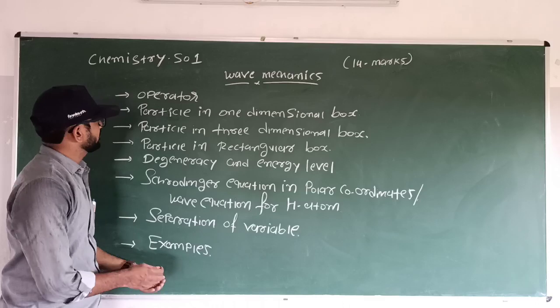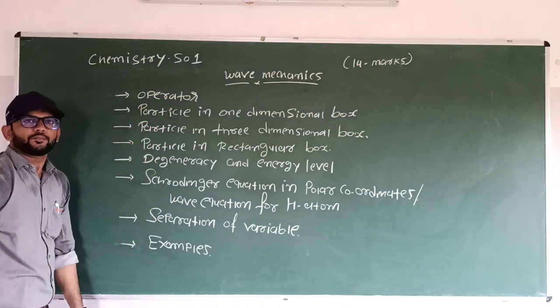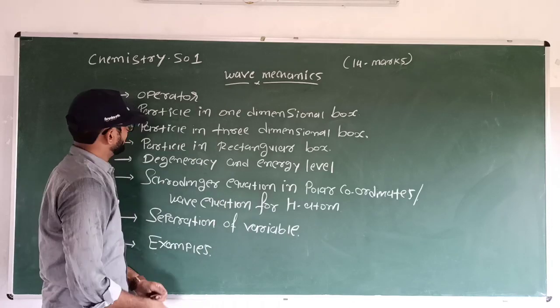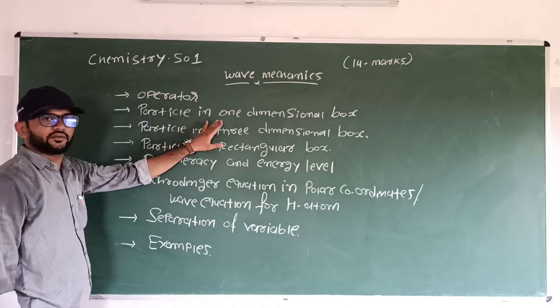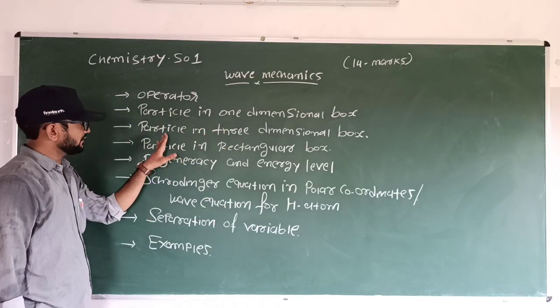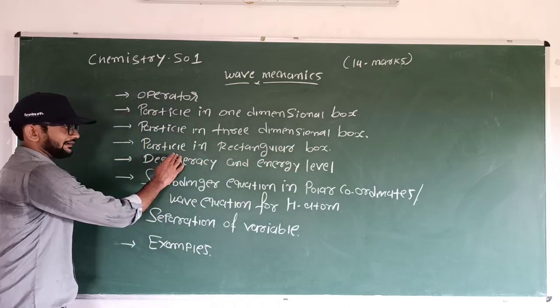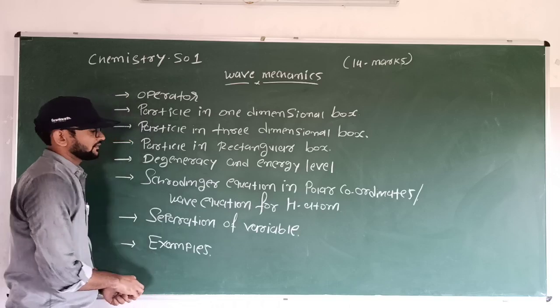So first one is operator and types of operator. Then second one is particle in one dimensional box. Then after, particle in three dimensional box. Then after, particle in rectangular box.